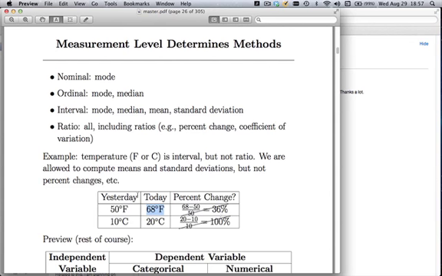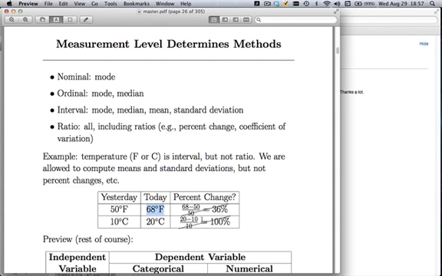Let's convert these temperatures to Celsius and see what happens. Okay, so 50 degrees Fahrenheit happens to be 10 degrees Celsius, 68 is 20. So using the Celsius scale, we get 100% warmer. So today is 100% warmer than yesterday. And of course, this is just complete nonsense because Fahrenheit said it was 36.